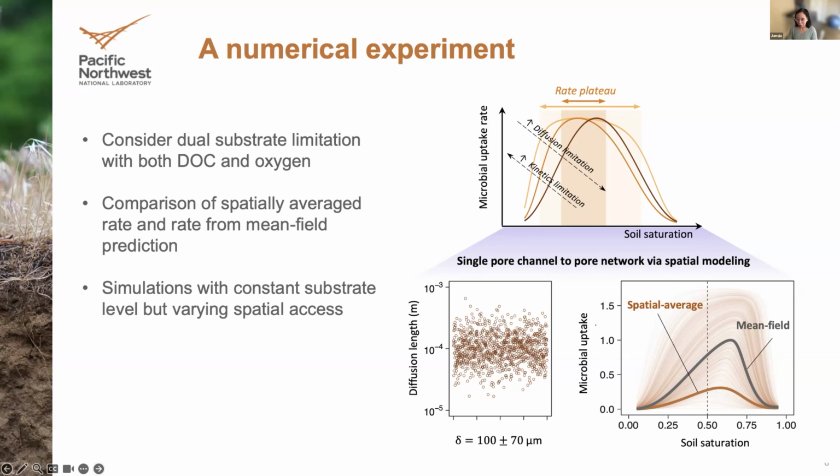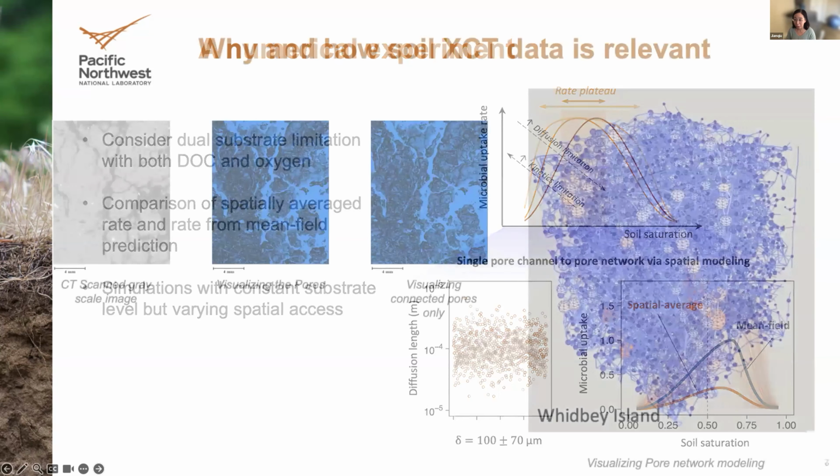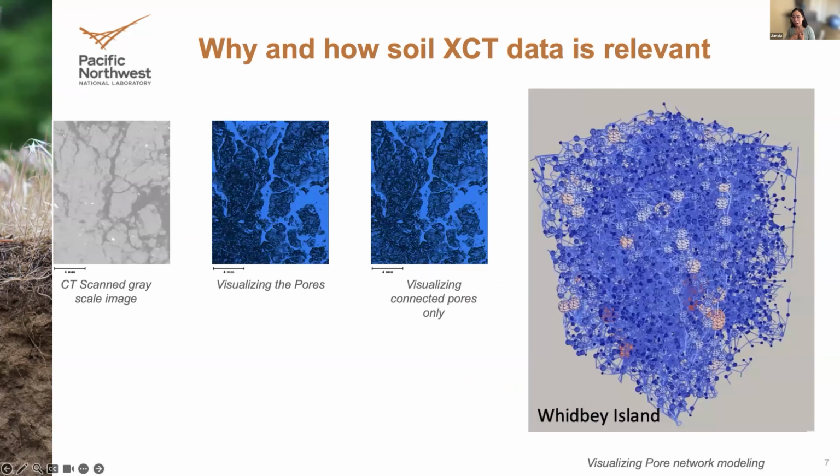So now this is all the research interest I have in terms of why I care about soil structure. This is all linked to soil structure. How could I get these diffusion length estimations, right? That goes back to the XCT. That's where I know Tomas and his team have been sending out these XCT scans, and then they provide users with images and information on the pore network.